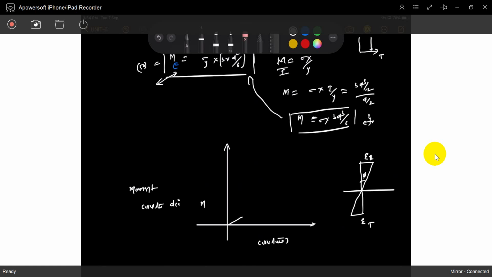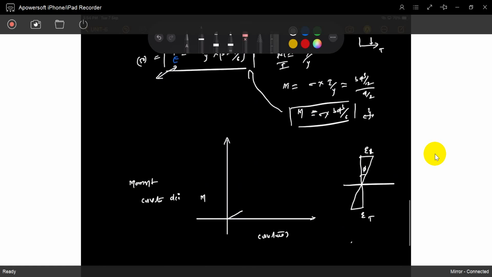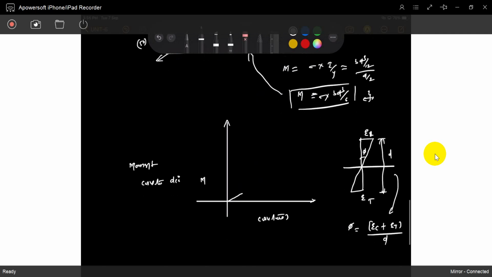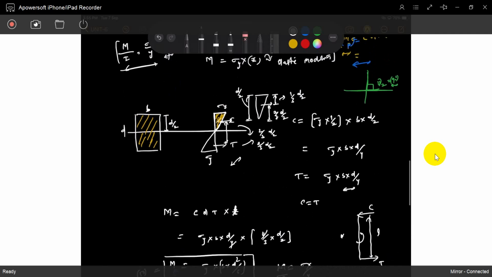Sir, which one is considered, top or bottom? If you take an irregular I section, the curvature is the strain at compression plus strain at tension divided by total depth. That is called curvature. Don't take only top or only bottom; take both into consideration.